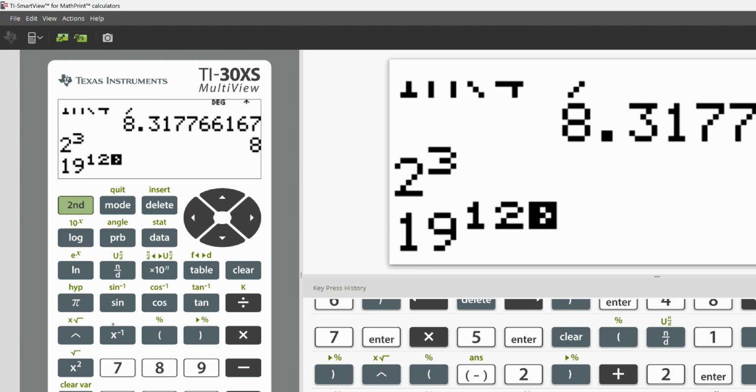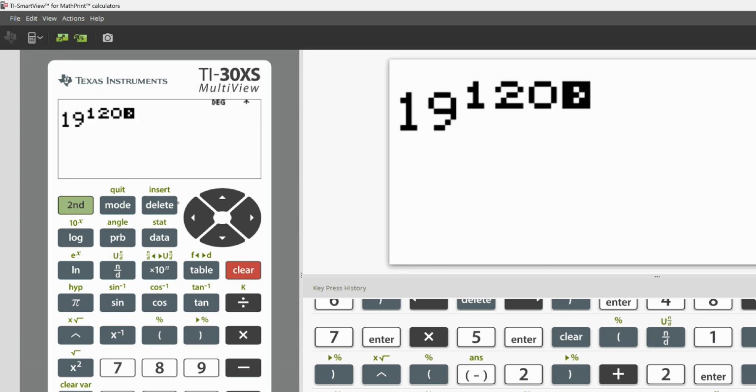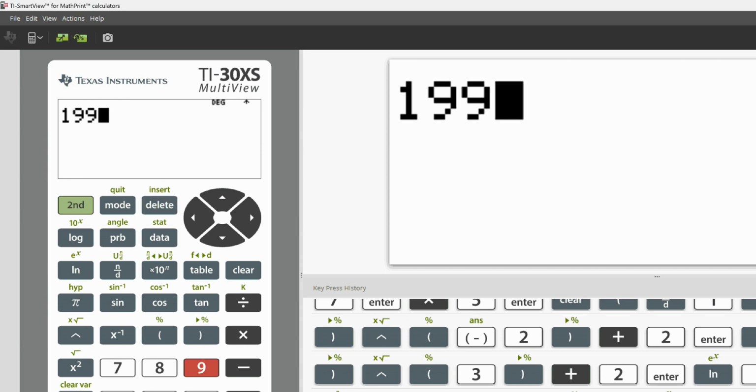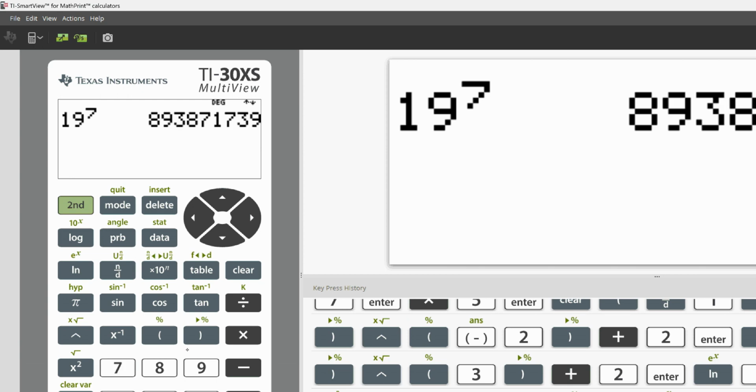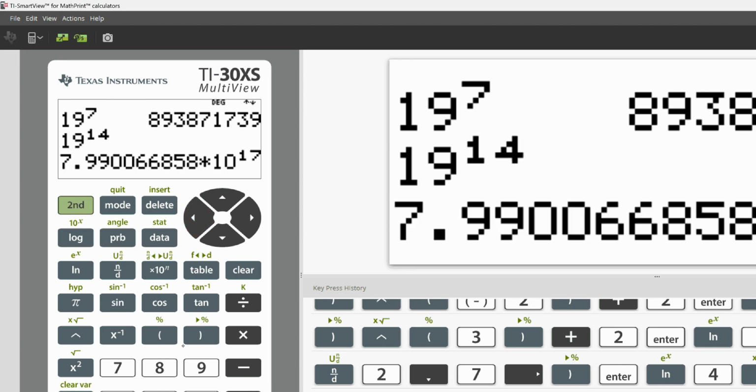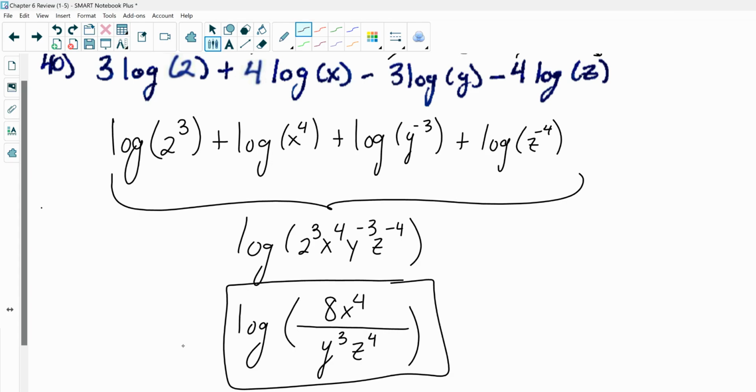If you had 19 to the 20th, overflow error. 19 to the 7th, that's not bad, we can write that out. 19 to the 14th is definitely too big, because you'd put it in scientific form, times 10 to the 17th. Try plugging a number in. If it gives you the number without a decimal or times 10 to a power, put it in.